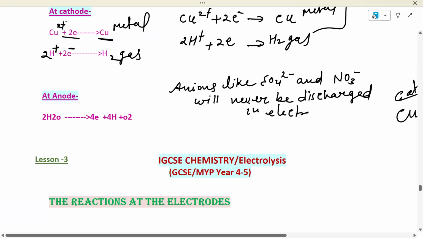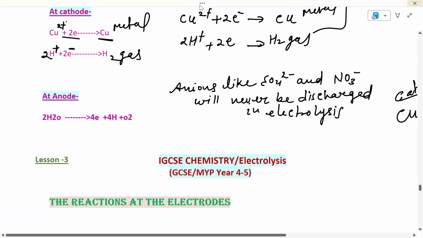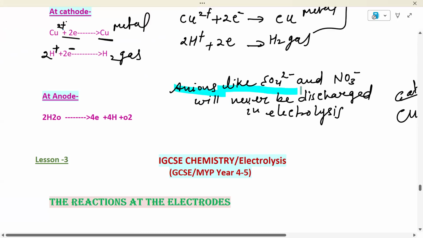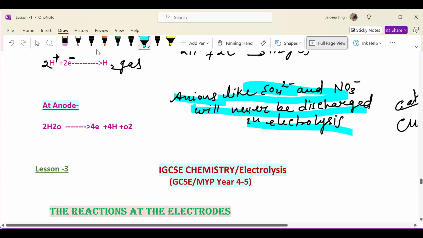Remember, okay? Always remember this concept. What I said? Anions like sulfate and nitrate will never be discharged in electrolysis. Okay?